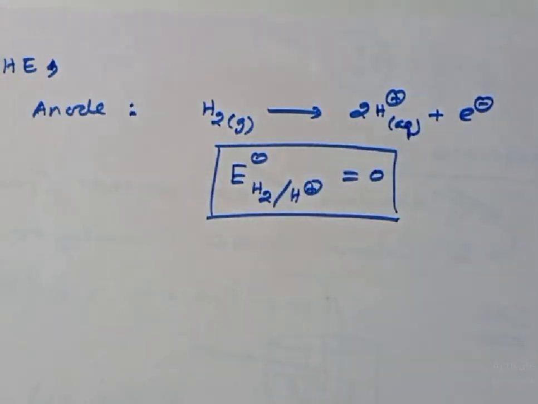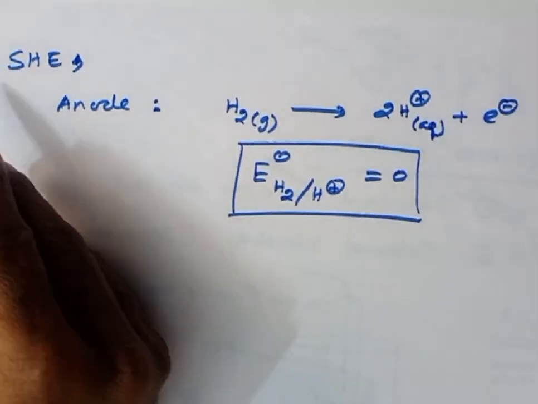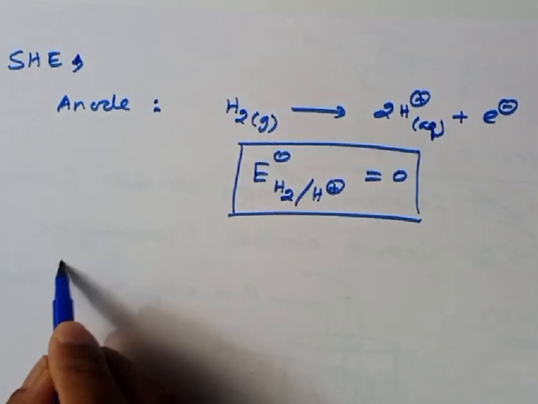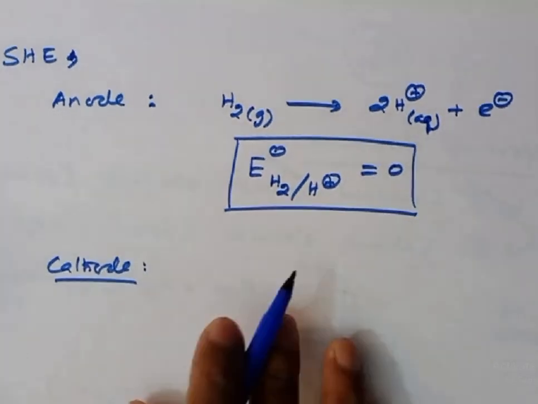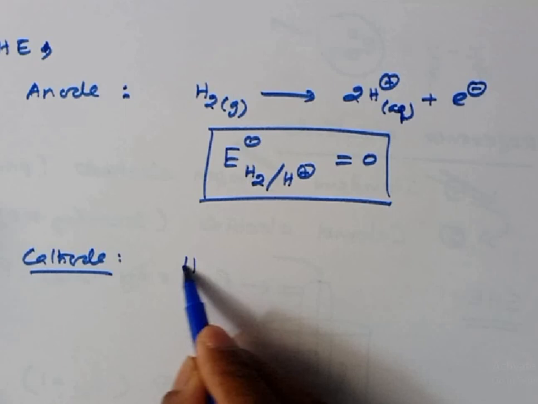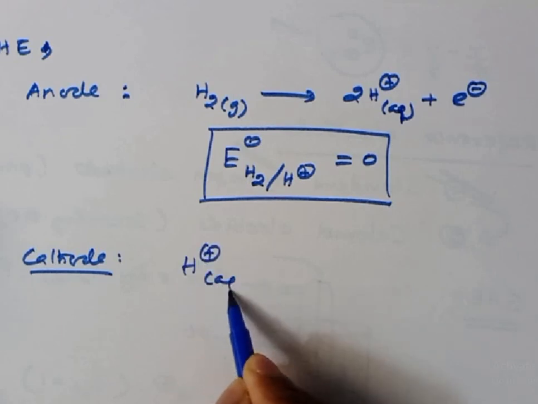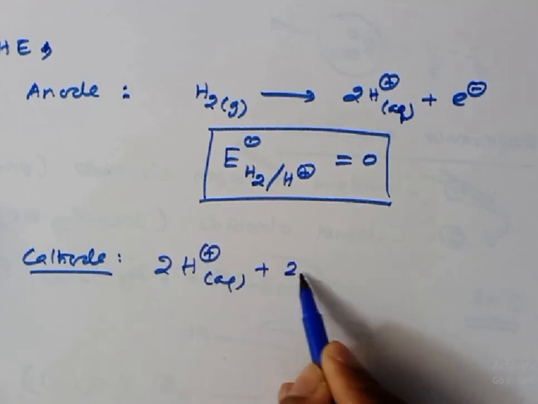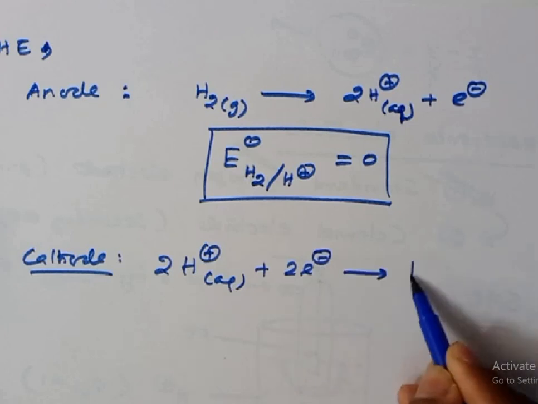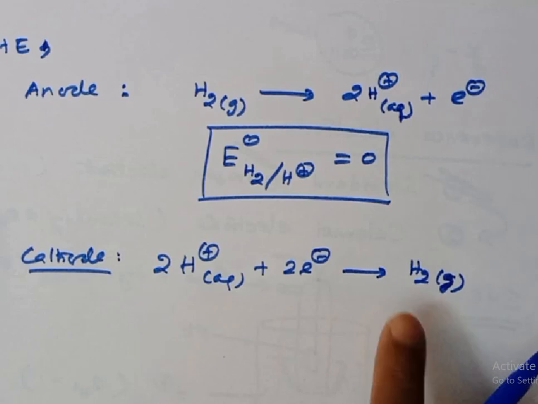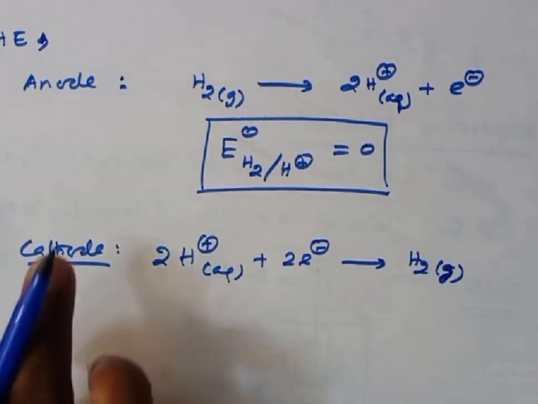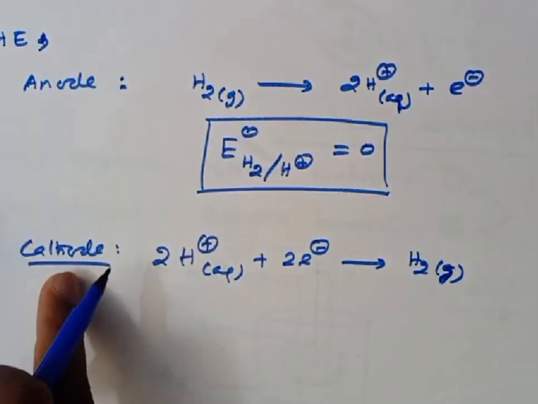They have assumed it. Similarly, if you use the standard hydrogen electrode as cathode, then what reaction takes place? H plus ions from the aqueous medium gain 2 electrons and become hydrogen gas. This is the reduction reaction that occurs at the electrode if the standard hydrogen electrode is used as a cathode.